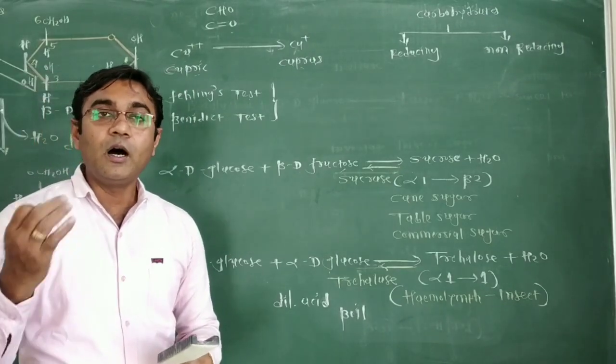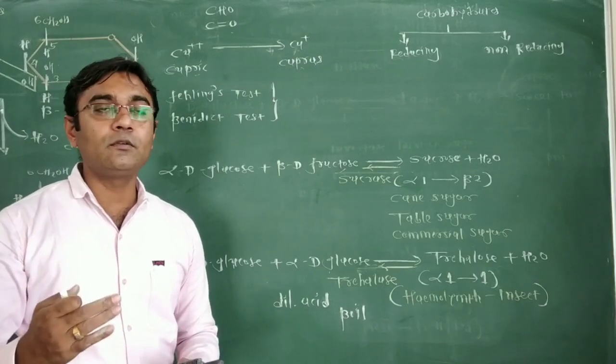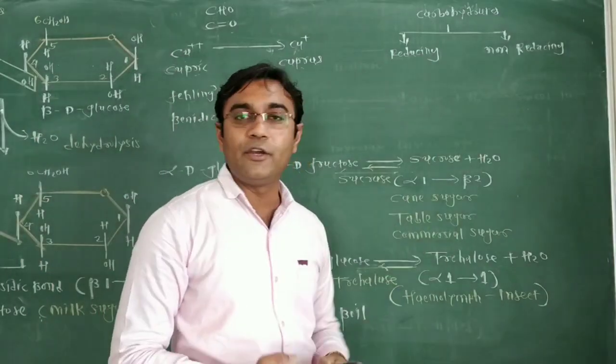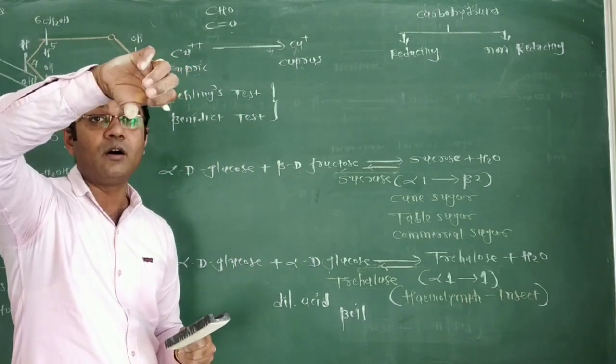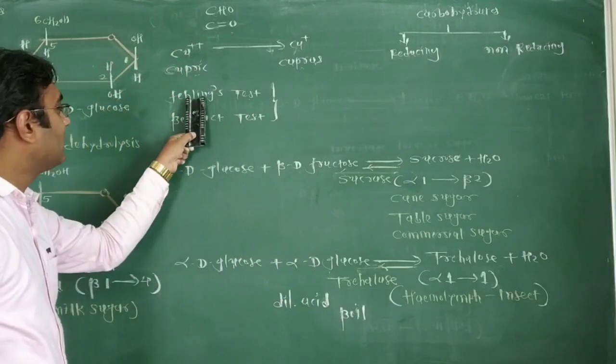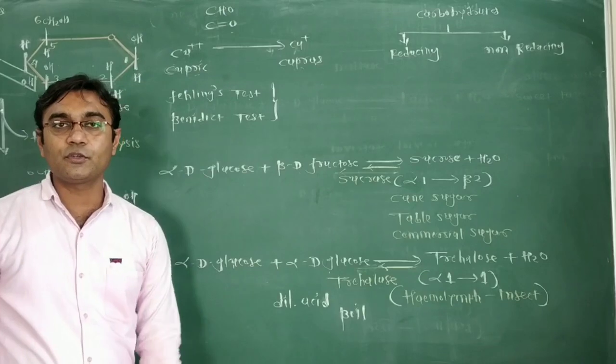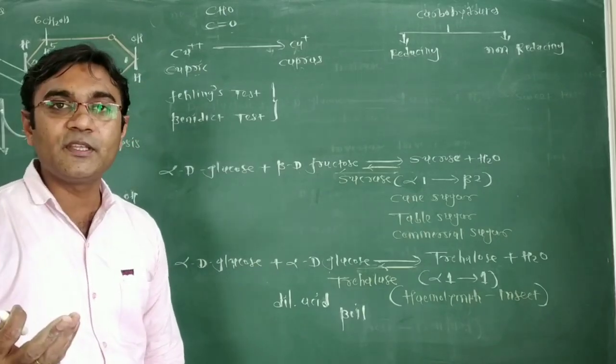Now for an unknown carbohydrate, to check whether it is reducing or non-reducing, we add a solution of the unknown sugar into either Benedict or Fehling solution, and then we warm this test tube.